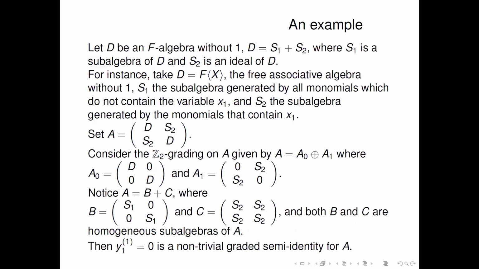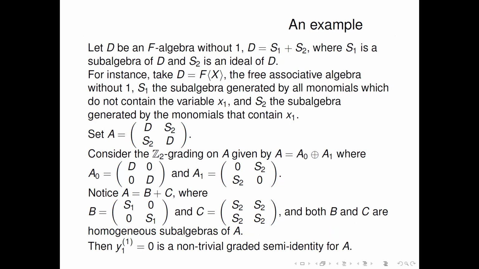To give an example, take the algebra without unit, and suppose S1 a subalgebra, S2 an ideal indeed. For example, the free associative algebra, non-unitary.